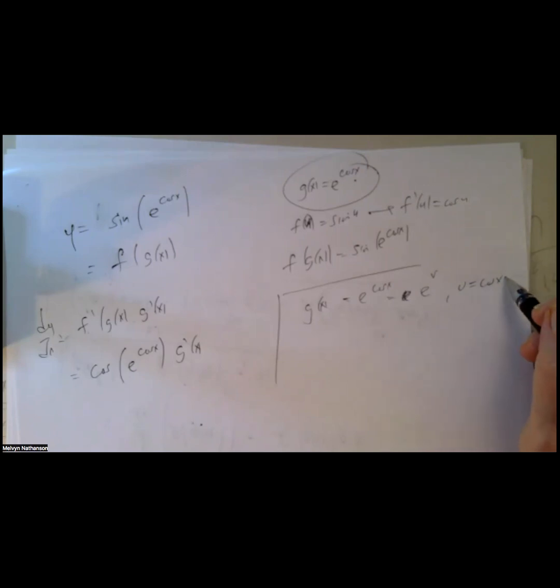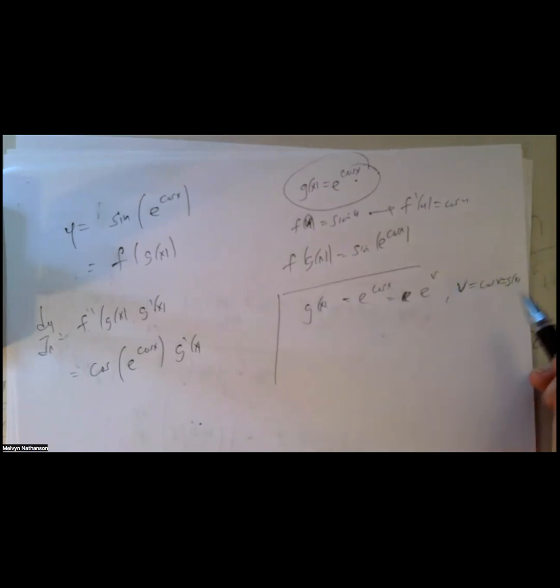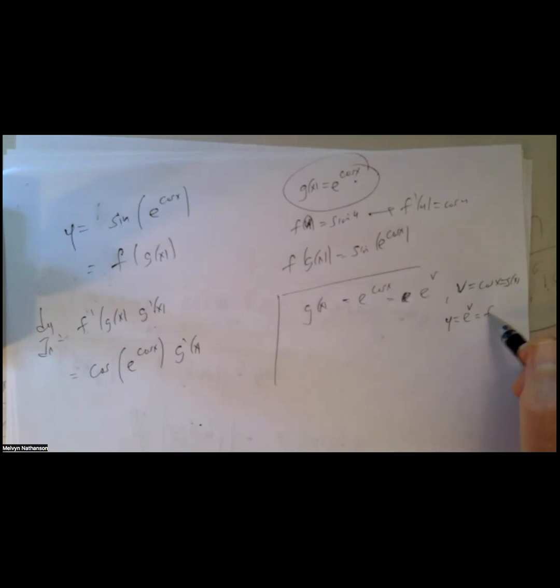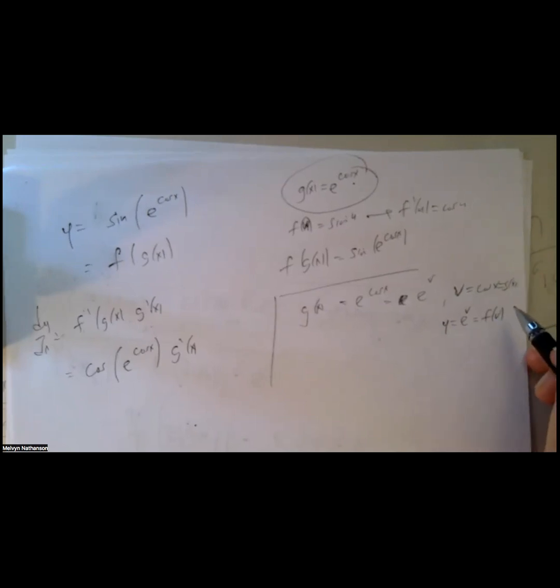So let me call this thing s of x, and I'm taking e to that. If I take the function y equals e to the v, this is some function of v.